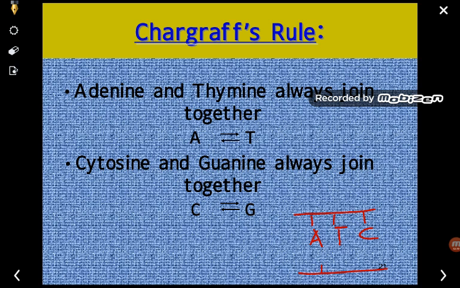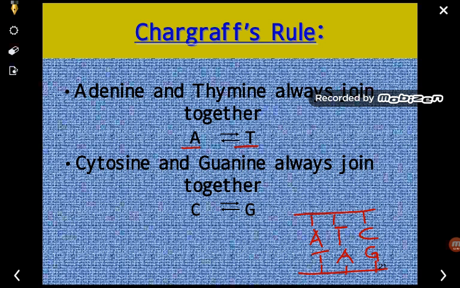A always pairs with T, T always pairs with A, and C always pairs with G. The purine base A always pairs with T, which is a pyrimidine base.